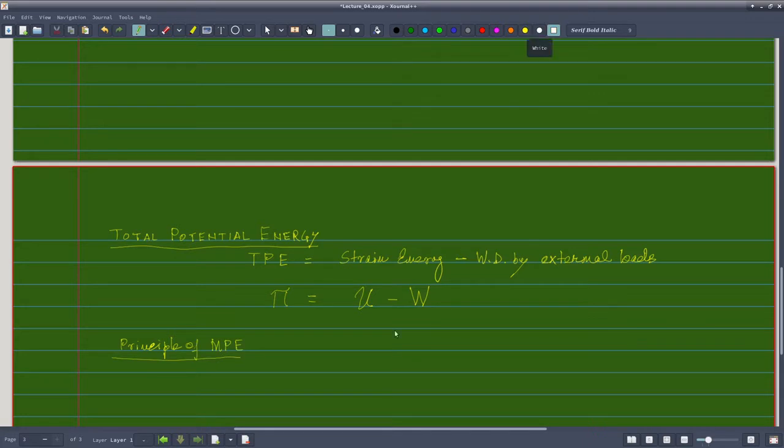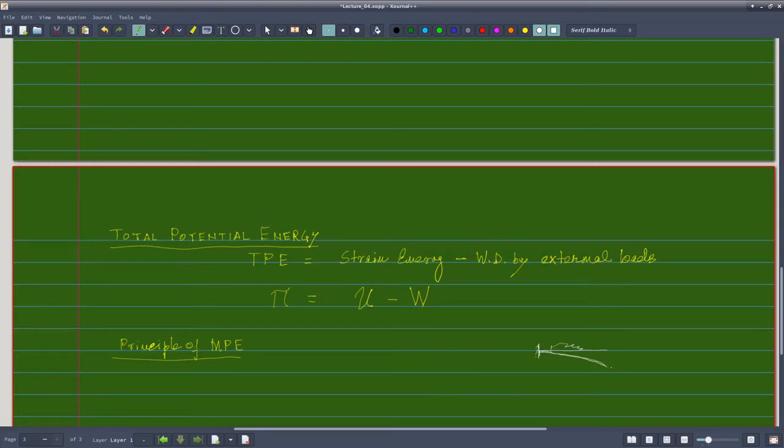So this principle says that if I have a conservative system, suppose I have a cantilever beam, say, and it is acted upon by some arbitrary load, and it may undergo some deformation. The deformation pattern we do not know right now, but we have to fulfill a kinematically admissible solution, kinematically admissible deformation field we need to consider.